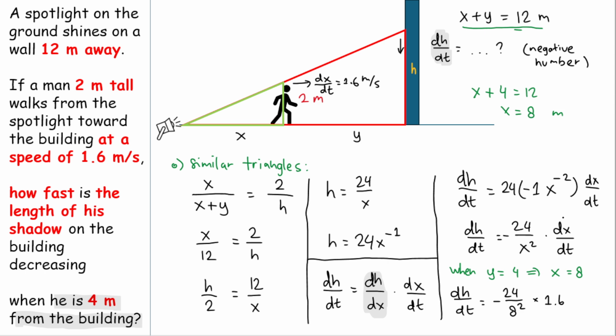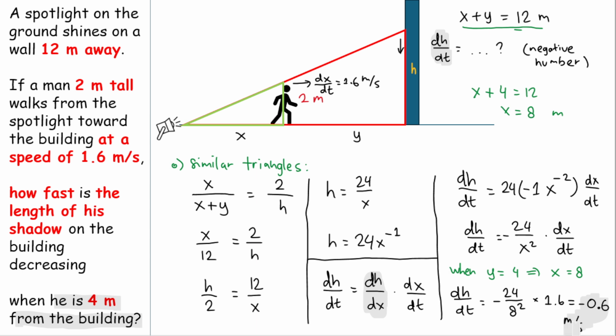Okay, now let's calculate this, and you will get minus 0.6. Minus 0.6, and the unit here will be meters per second. And that is the final answer for the question.